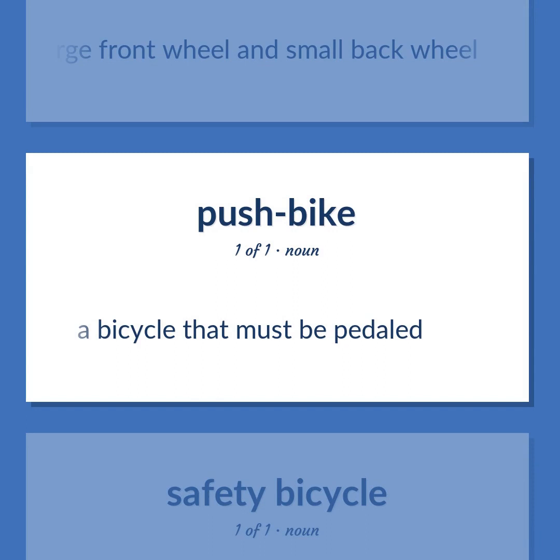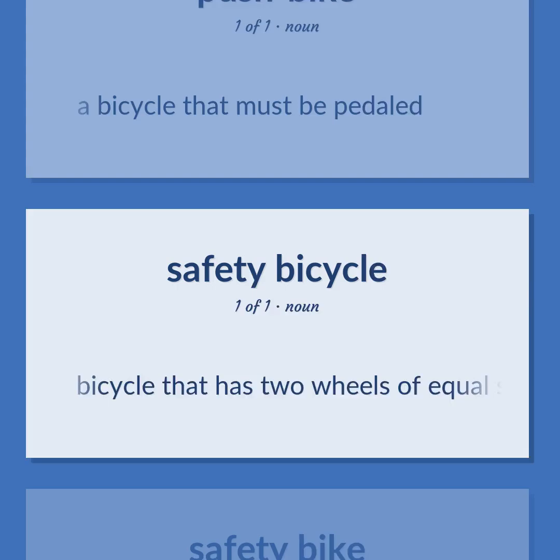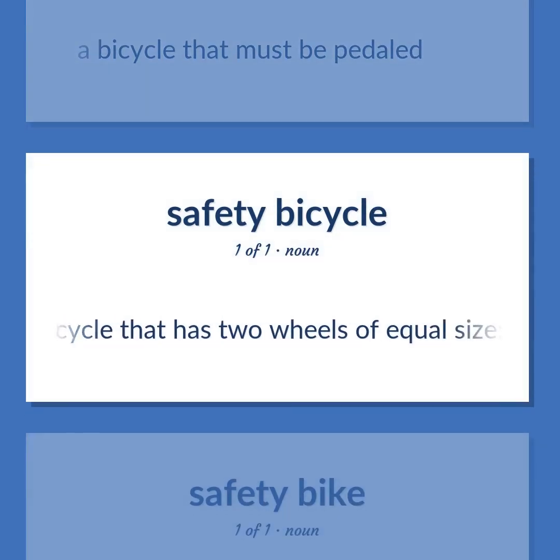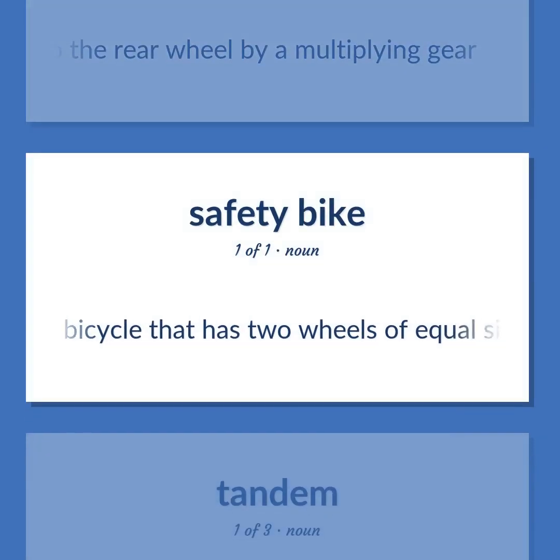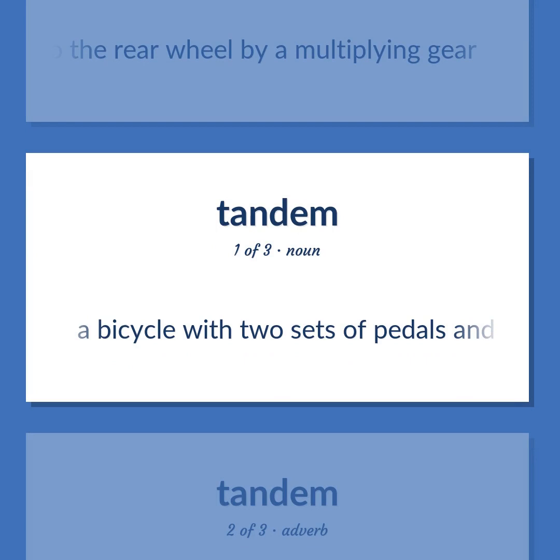A bicycle that must be pedaled. Bicycle that has 2 wheels of equal size. Pedals are connected to the rear wheel by a multiplying gear. A bicycle with 2 sets of pedals and 2 seats.